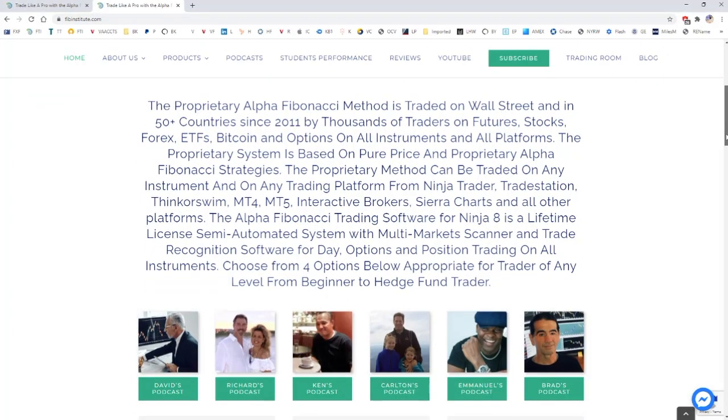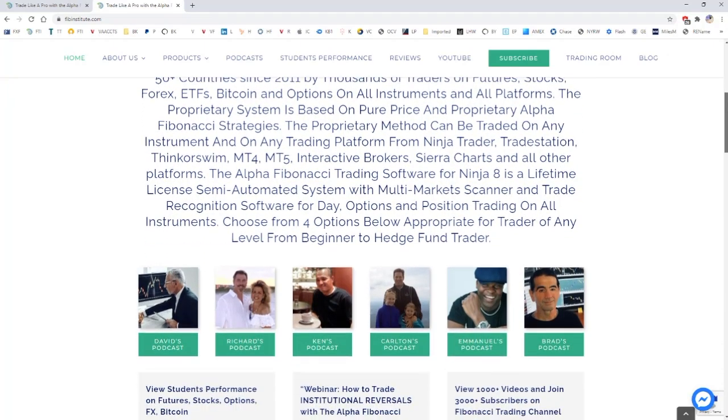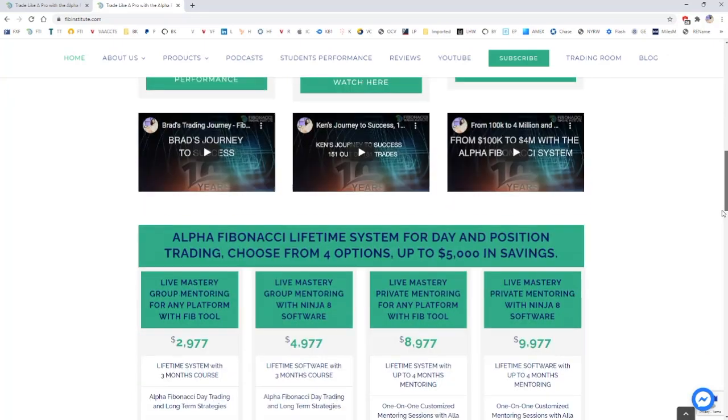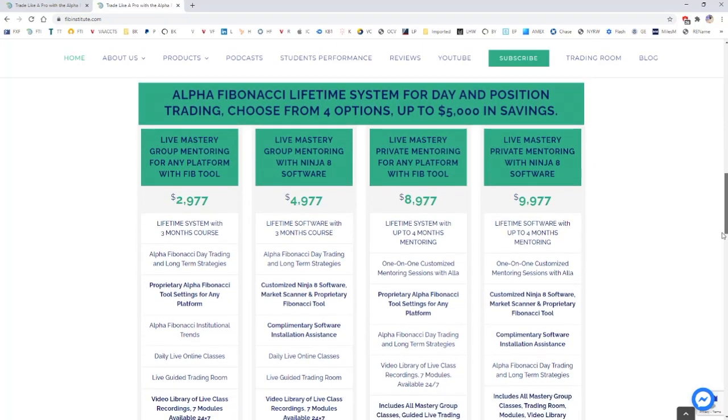Traders from beginner to hedge fund manager, from 11 to 100 years old, trade the system, from stocks, futures, Forex, options, anything you choose. Stay between the lines, obey the rules, trade with institutions, and the sky is the limit. In the month of February, I devote all of my time to my students only.